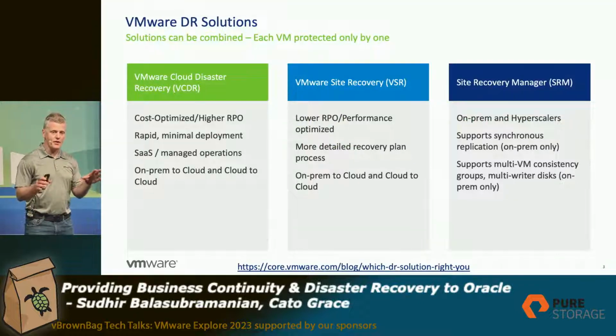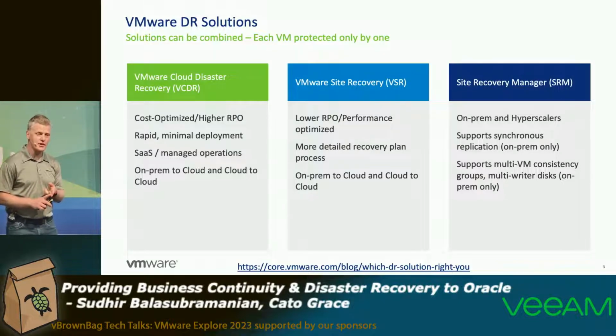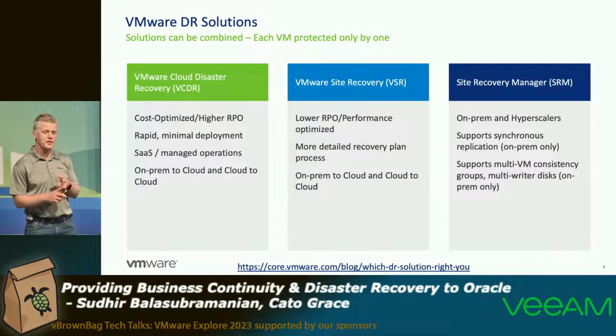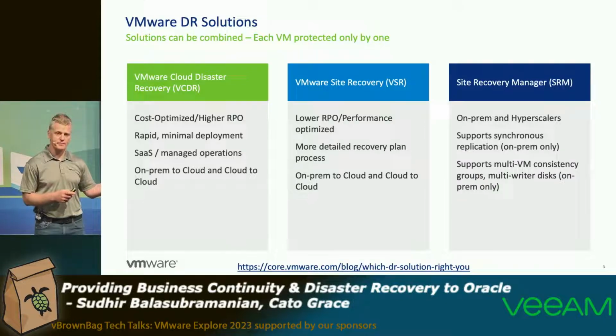Really briefly, one thing I want to point out is that at VMware, we actually have 3 different DR solutions. Site Recovery Manager is one of them. We also have VMware Cloud Disaster Recovery, the new solution built on top of the Datrium acquisition. If you're able to utilize a cloud solution, this works based on VMware Cloud on AWS.